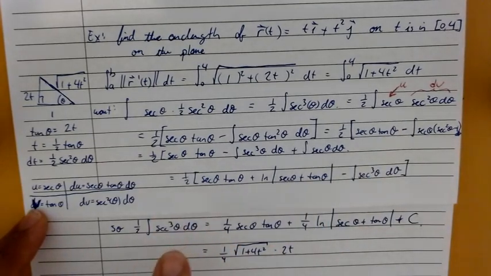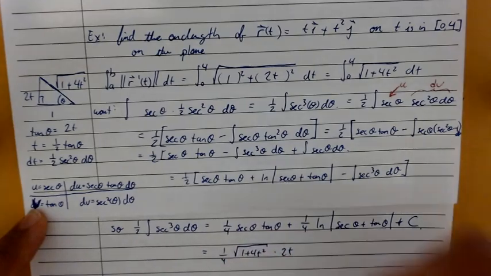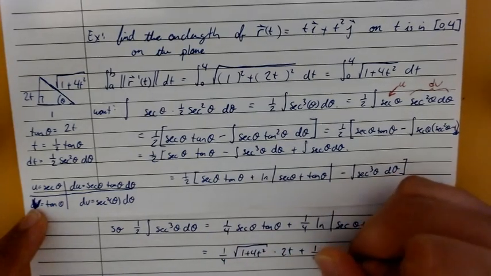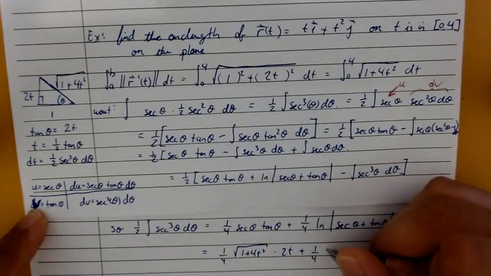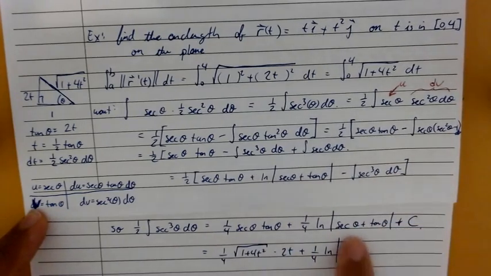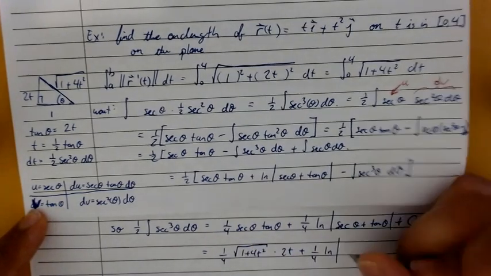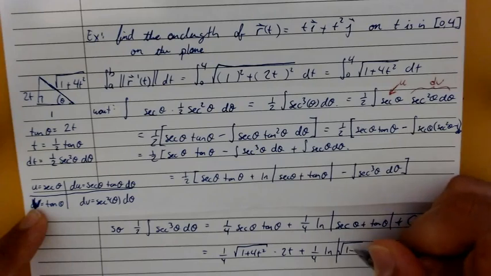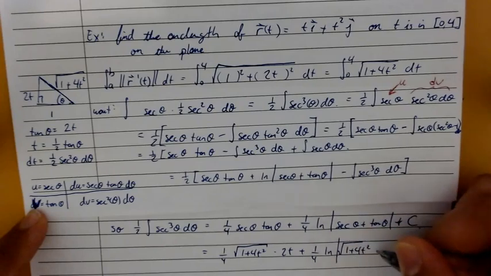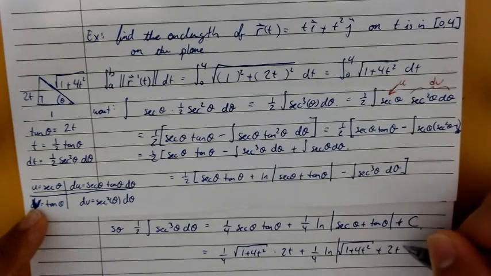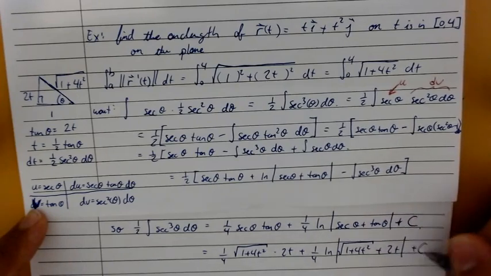So that's going to be 1/4 secant of theta tangent of theta plus 1/4 the natural log of the absolute value of, and those are the same except with a plus in between. So square root of 1 plus 4t squared plus 2t plus our constant of integration.